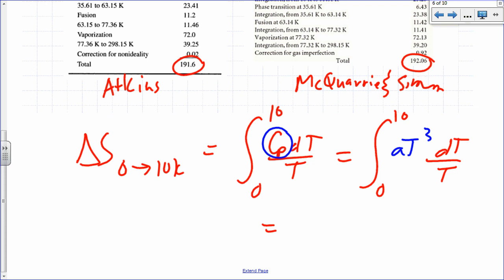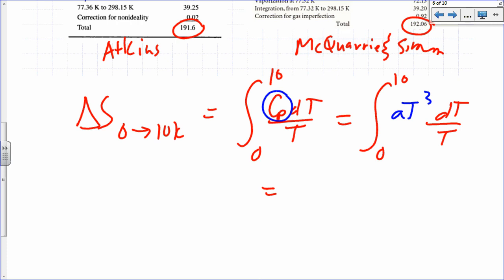I can pull out the A. What's T cubed over T? T squared. What is the integral of T squared dT? T cubed over 3, evaluated from 0 to 10 Kelvin.